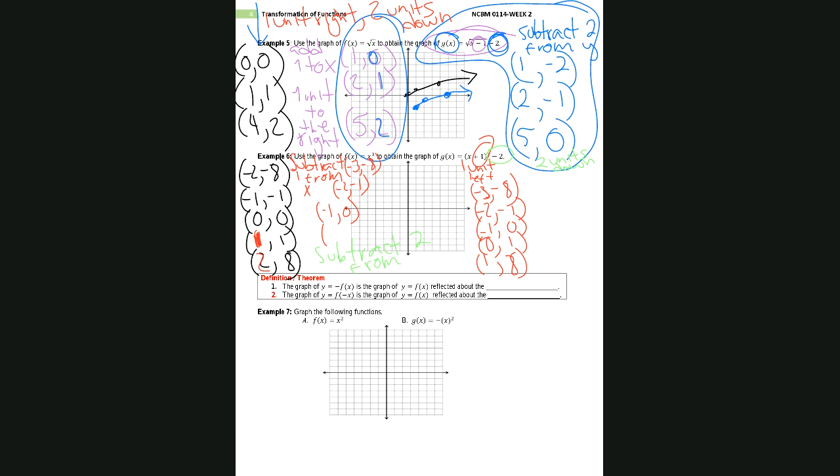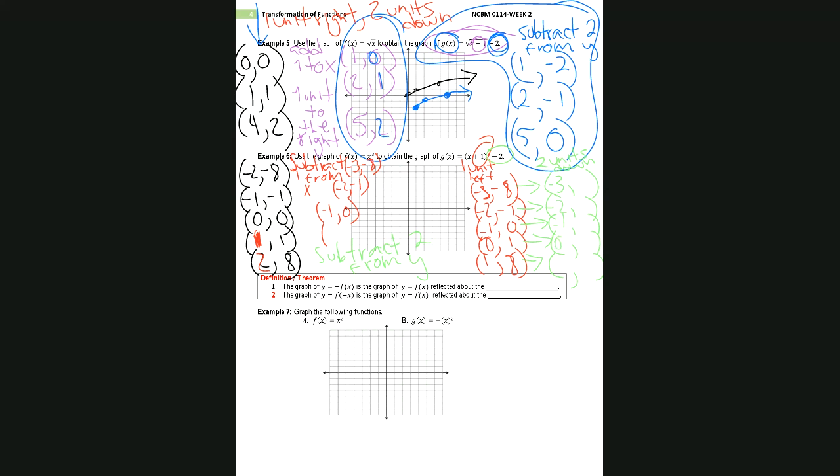And I'm going to use these points here that I have in red, not the ones from the parent function. Okay, now we're only making the change to the y, so let's just copy our x values because they're going to stay the same.